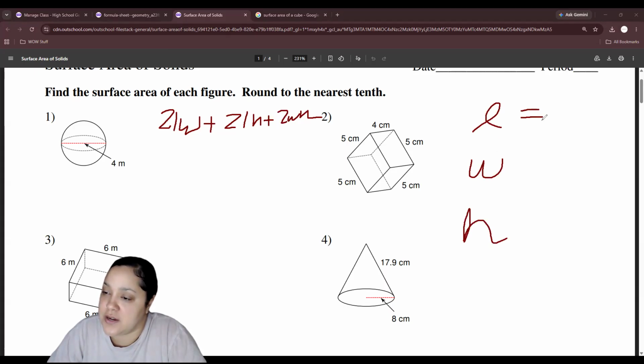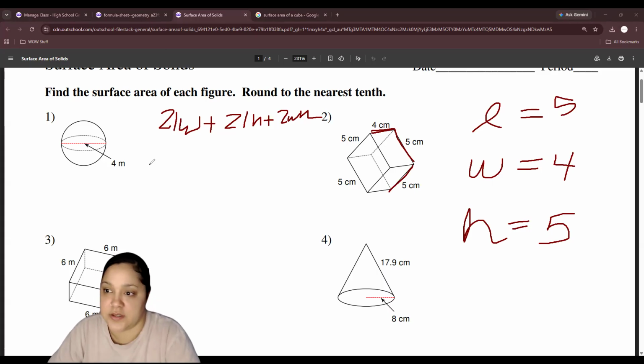All right, so length is how long it is. Width is how wide it is. And height is how tall it is. Right? So width is how wide it is. This is how tall it is. And this is how long it is.